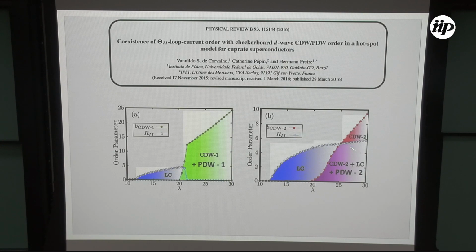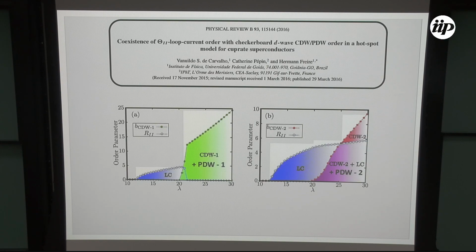As we move on to the bidirectional charge order phase and PDW, we see a similar behavior. Lambda promotes loop current order, but we see here a coexistence of these two phases. So loop current does not suppress the charge order phase and pair density wave phase in the bidirectional case.